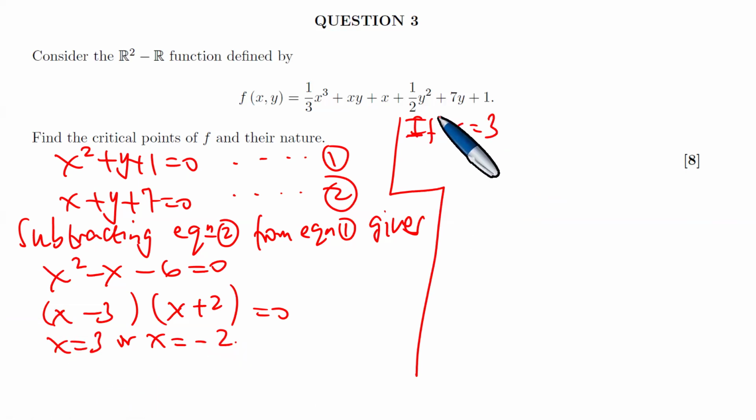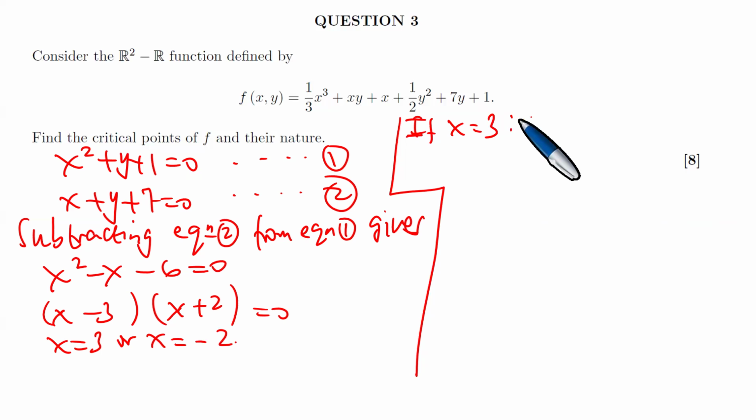But if x is 3, we substitute into the original equations. We want to get y, because these are simultaneous equations from high school. If x is 3, we can use the simplest one, which is the bottom one here.